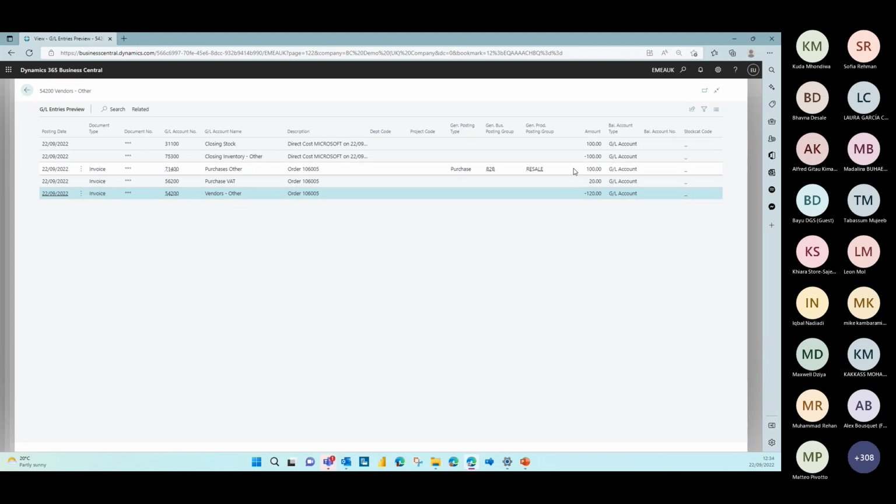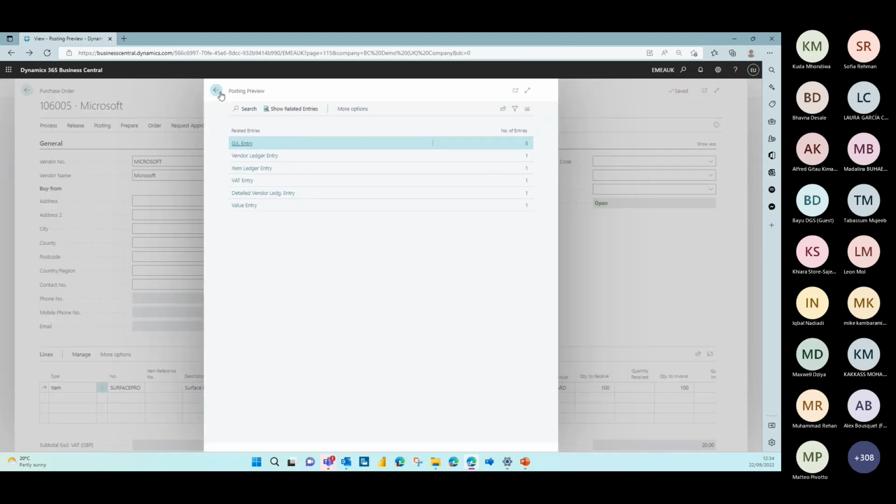But remember that closing stock I was talking about? It will also post to the closing stock in the balance sheet and the closing stock in the P&L. So at every posted transaction, it will be posting this closing stock. Okay, so I'm going to post this now.